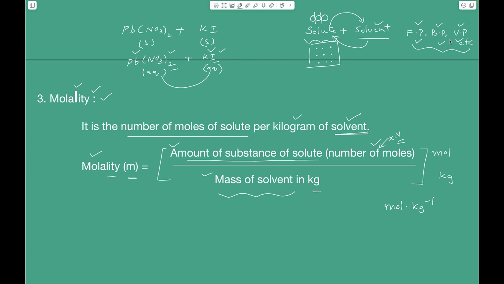So in this case, molality is the right concentration term. So now we understand where this concentration term molality is used. It is used to study the colligative properties of solutions.